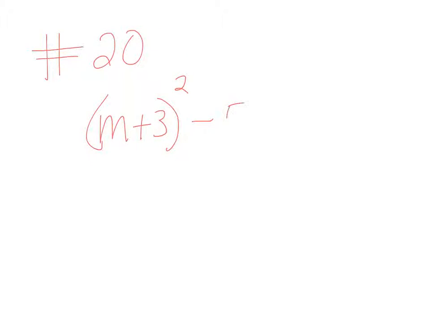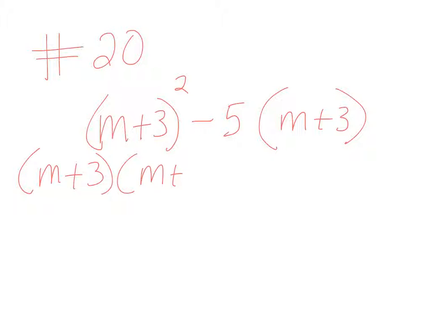Number 20, again evaluate. So it's P, but P is m plus 3. So in place of the P, you put m plus 3, and that is squared minus 5 times m plus 3. So m plus 3 squared means m plus 3 times m plus 3.